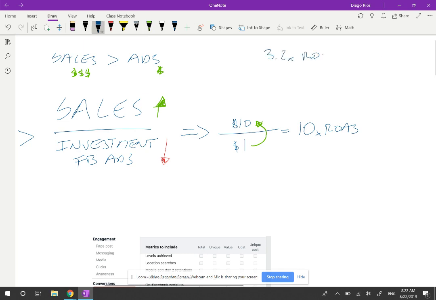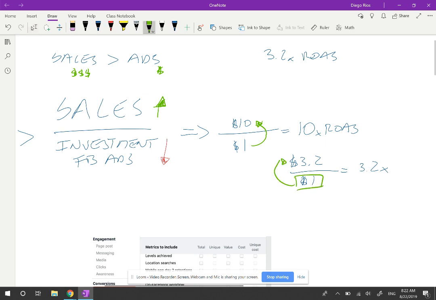So when people say, well, I made a 3.2x return on ad spend, what they're saying is that for every dollar that I spend, I make $3.2, right? So if you put 3.2 divided by 1, this gives you 3.2x, right?